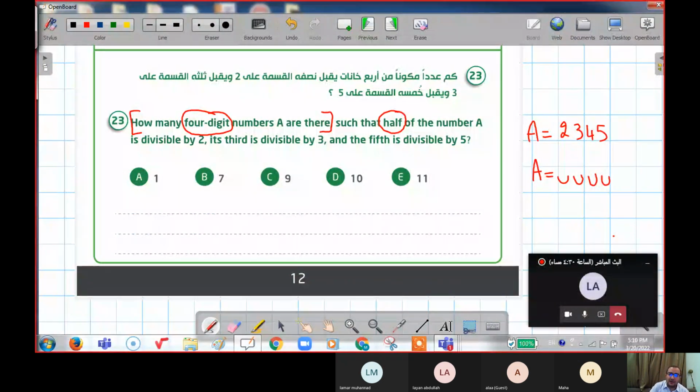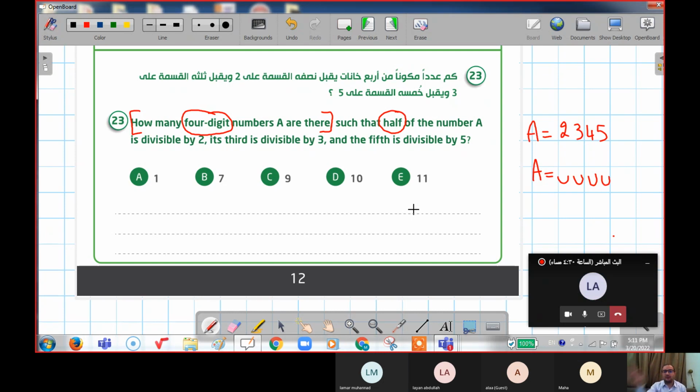If the number is 15, I will say 15 over 2. If the number is A, so the half of A must be what? The same expression.